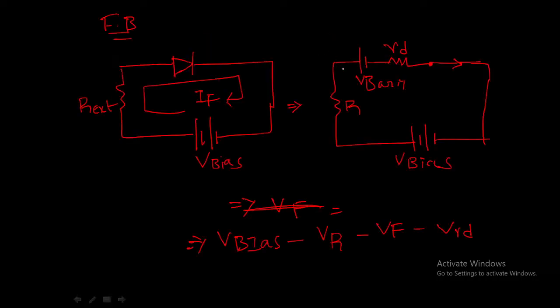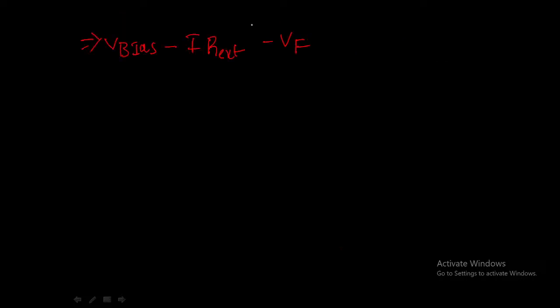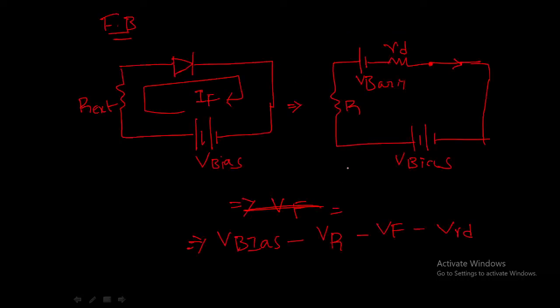And the forward voltage Vf, and minus the voltage across RD, which will be IF into RD. Both currents are the same: the forward current IF is flowing through this resistance and this resistance also.